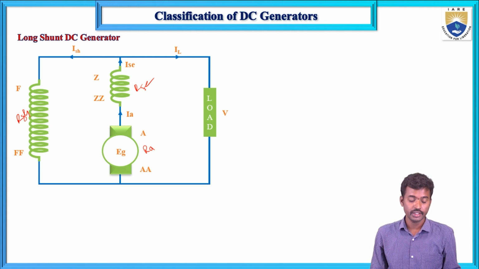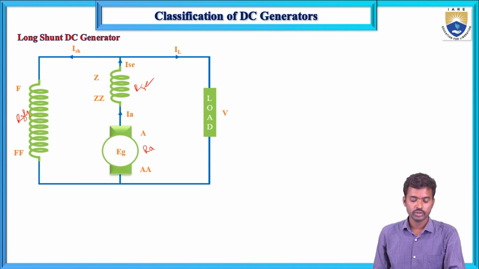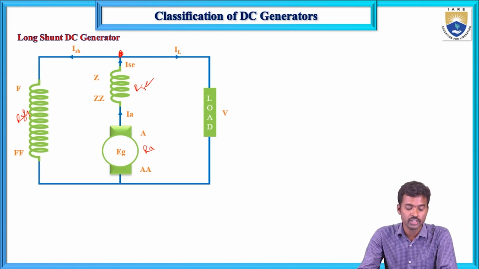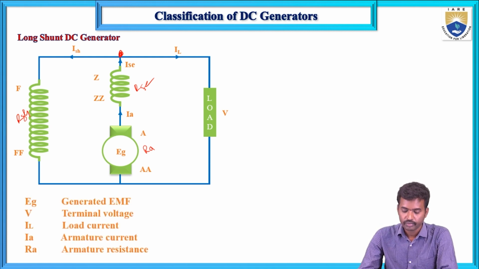Now the formulas related to this. We need the I series, ISH, load current and IA formulas. If you know KVL and KCL, then we can easily find the equations for ISH, I series, IA and EG.